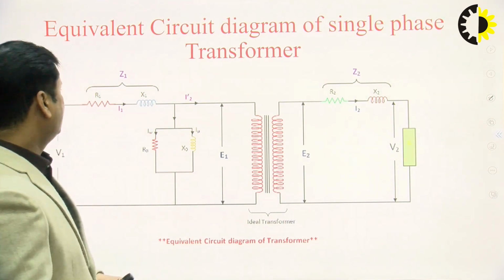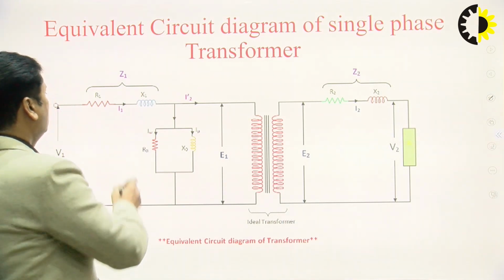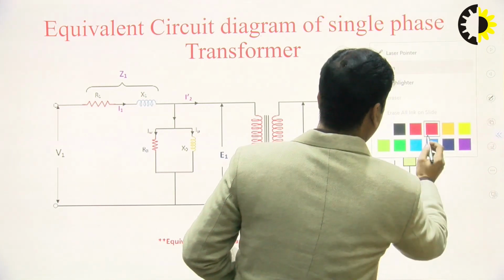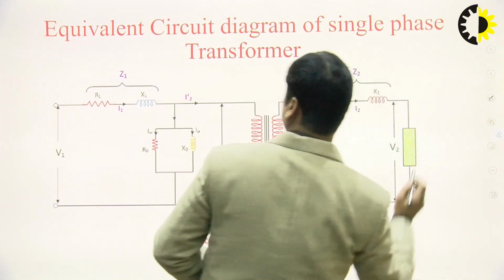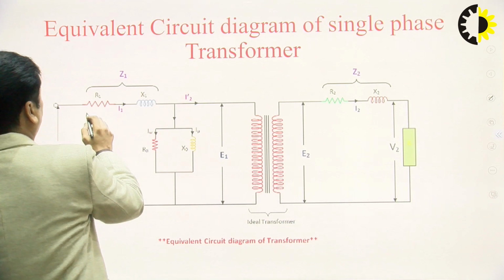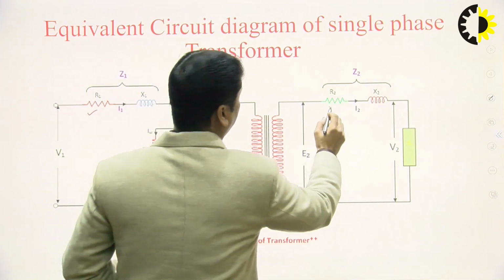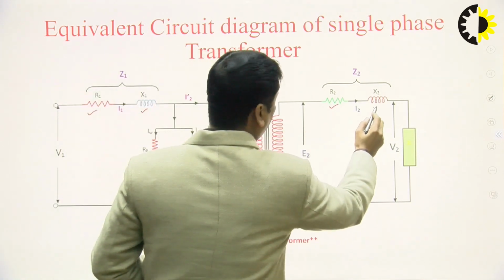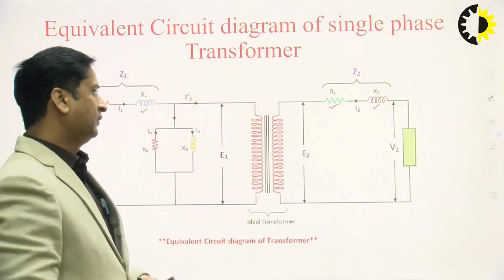R1 and R2 are the resistances of the primary and the secondary winding. X1, X2 are the leakage reactances of the primary and the secondary winding.